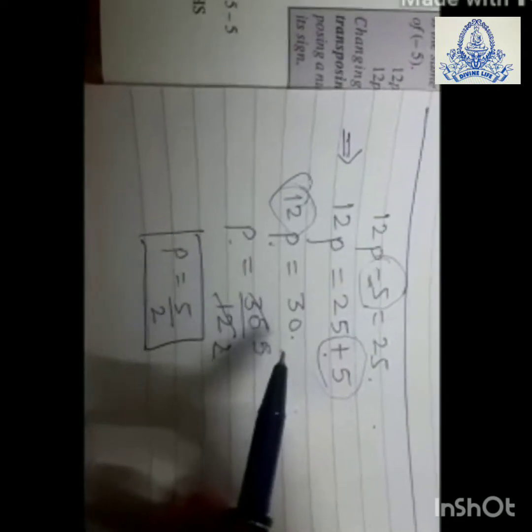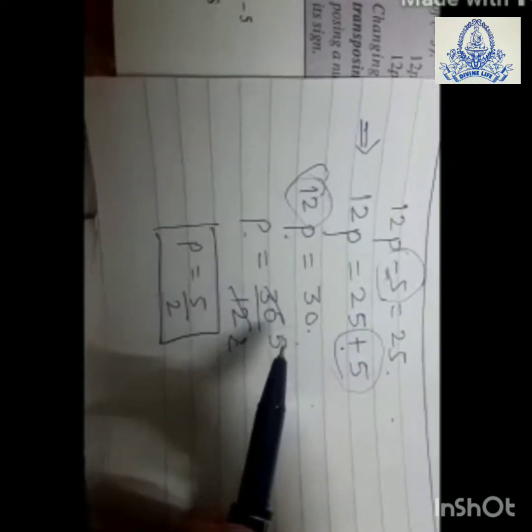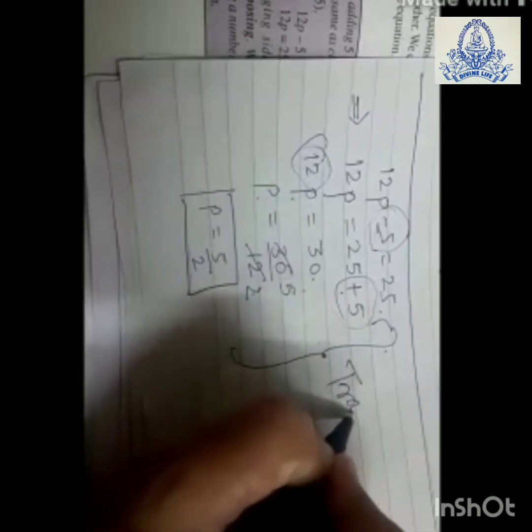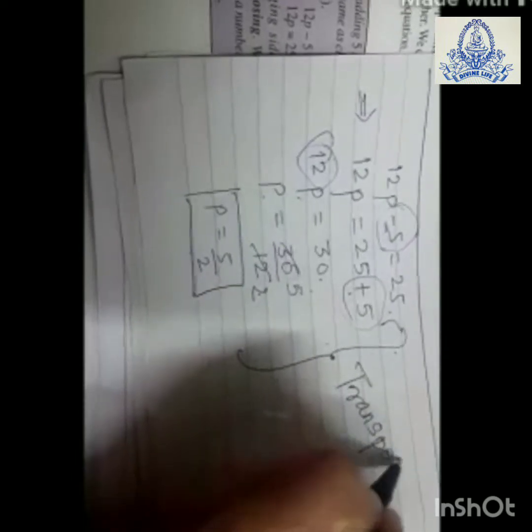In exercise 4.2 we have seen all this, but we were adding the same number on both sides, right? Now I have changed the side of the number. This changing is nothing but what we call transposing. The changing of side is called transposing.